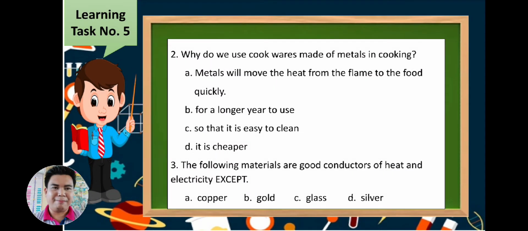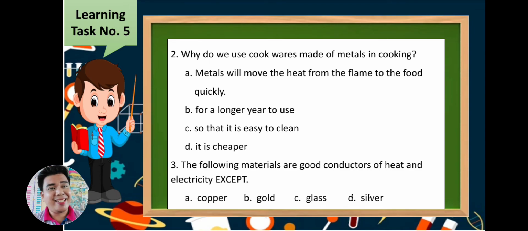Next question. Why do we use cookwares made of metals in cooking? Letter A. Metals will move the heat from flame to food quickly. Letter B. For longer years to use. Letter C. So that it's easy to clean. Letter D. It is cheaper.